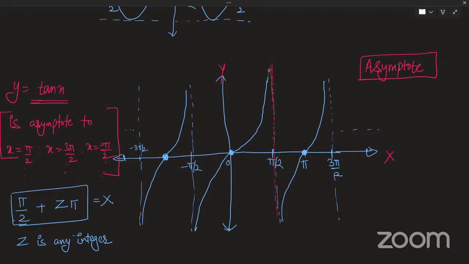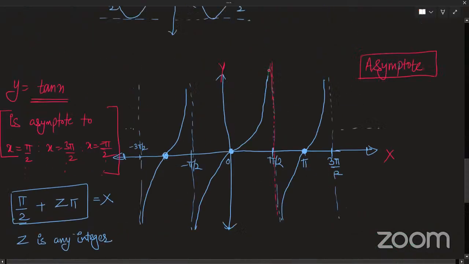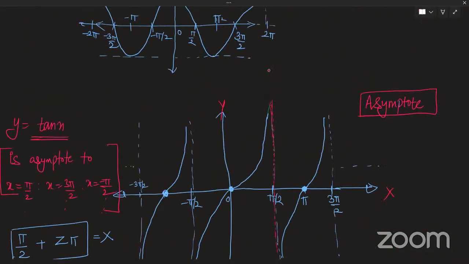So if I take a value really close to pi by 2 on the left side, my function has grown to infinity, and at the exact value pi by 2, it is not giving me anything. It is growing really close to this line x is equal to pi by 2, but it is not intersecting it. It will go very, very close to this line, but they won't intersect. And that is what we call an asymptote.